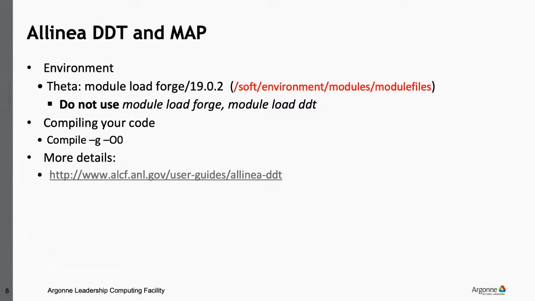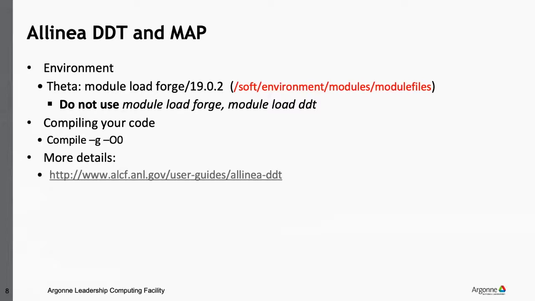You want to load module Forge 19.0.2, the most recent one that we have installed, pretty recent. The key thing is that when you do a module avail, you'll see different sections of modules listed.